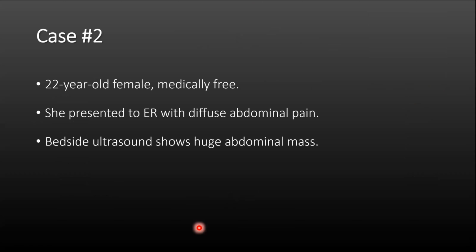Moving on to the second case. This is a 22-year-old female, medically free. She presented to the ER with diffuse abdominal pain. On the bedside ultrasound, they said they found a huge abdominal mass. So contrast enhanced CT scan was done.